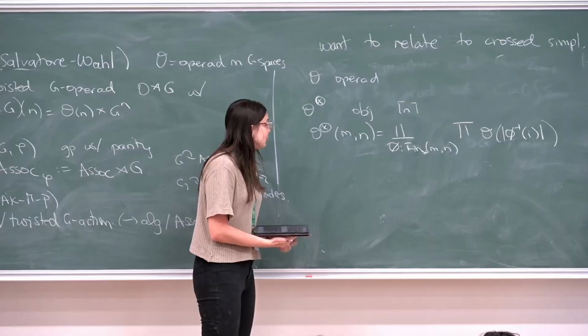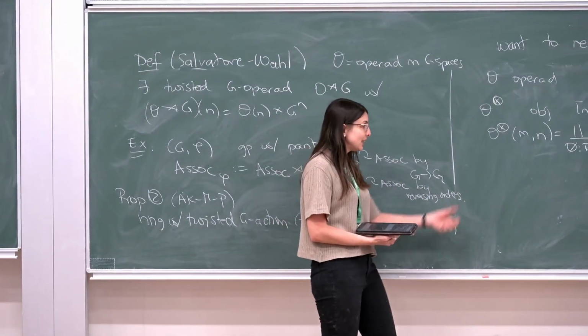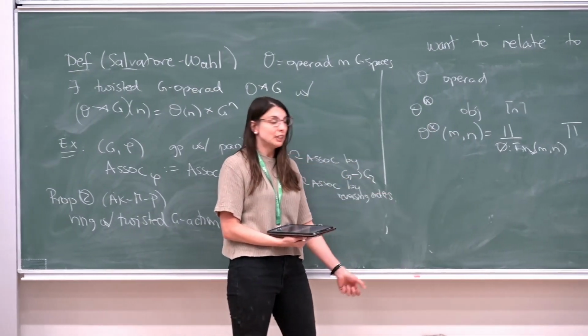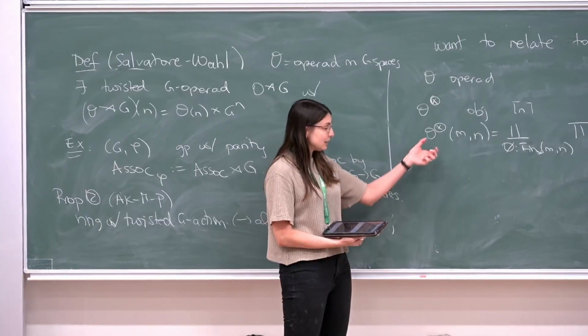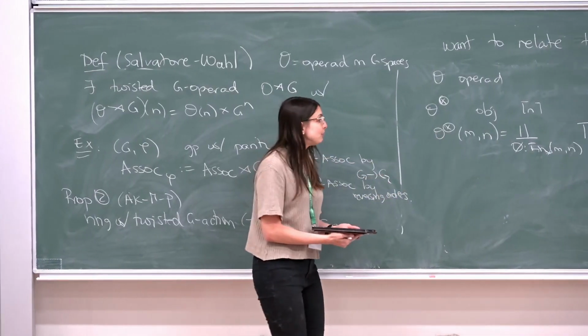So this was the gadget that May and Thomason had the insight for. This mediates between Segal's gamma spaces and operads.